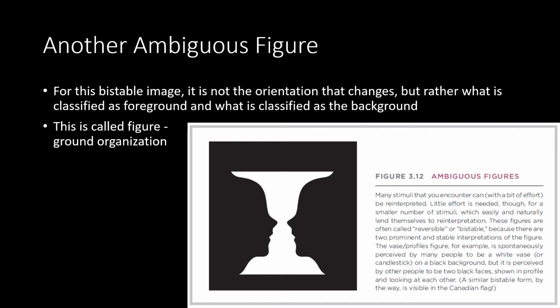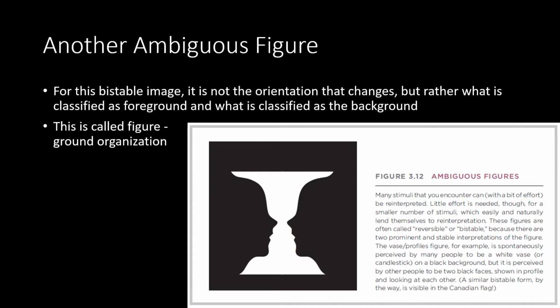Another example of this comes from another ambiguous figure. This is also a bistable or reversible image. And here you can see that if you are focusing on the white as being the primary object, it looks like a vase or a goblet of some kind. Yet if you look at the black as the foreground or the primary object, you will see two faces in profile shown here.